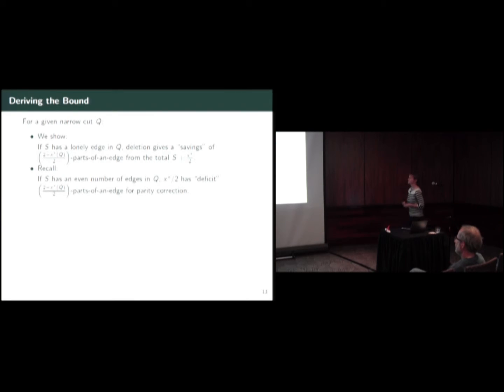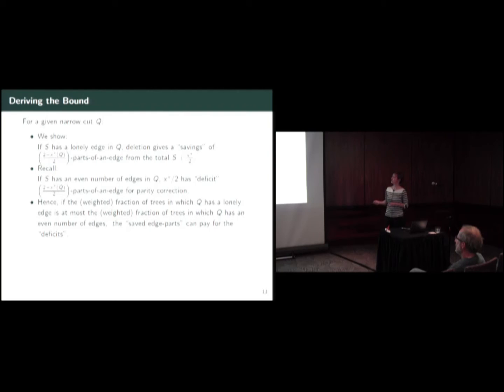So as long as the weighted fraction of trees in which Q has a lonely edge, so where we're saving, is at least as much as the weighted fraction of trees in which we have a deficit, then the saved edge part can pay for the deficits. And we can guarantee that if the value of the LP across the cut is 3/2, then you're saving at least half of the time.